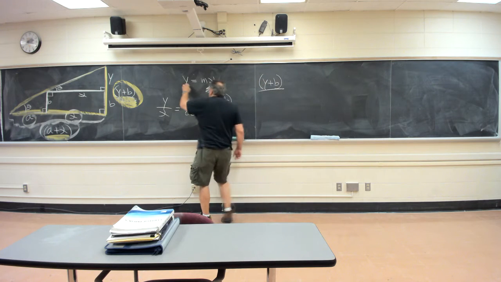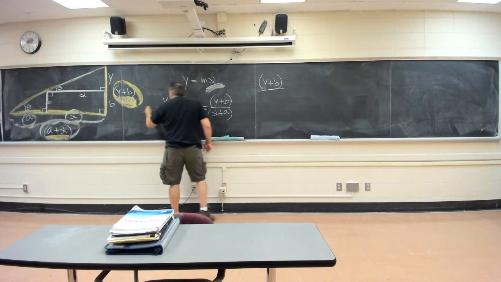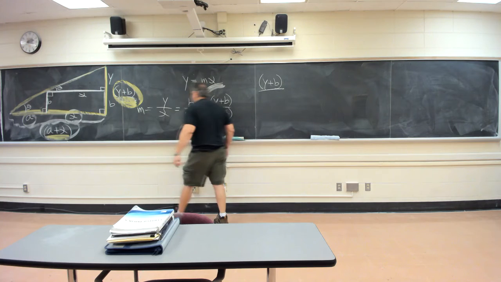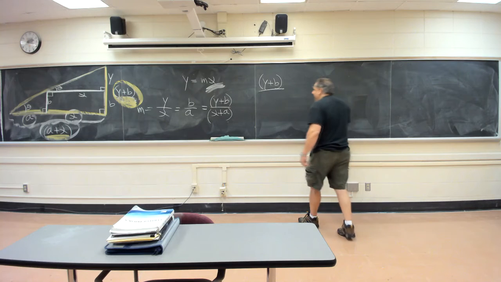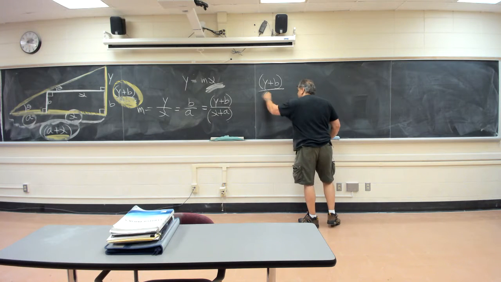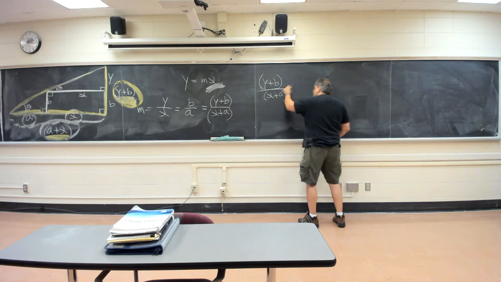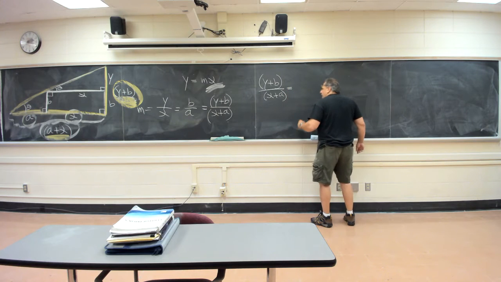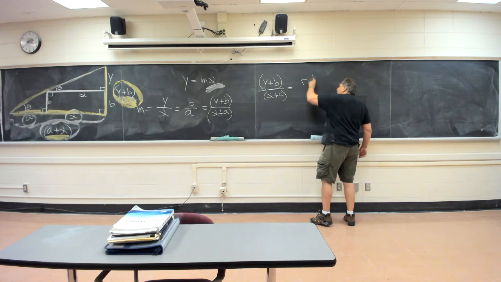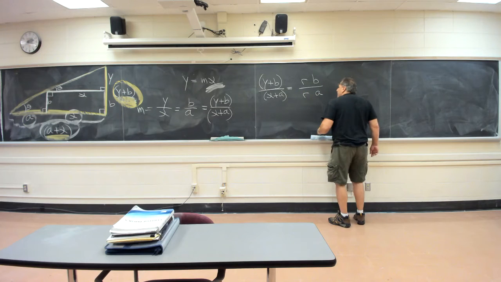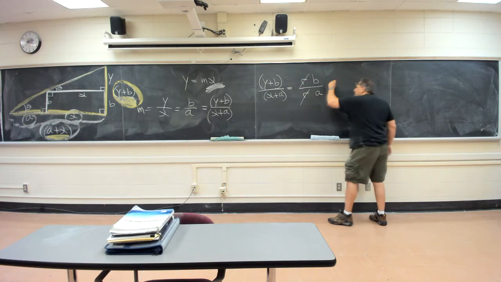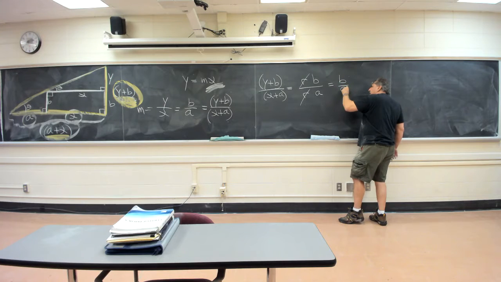In this case, divide by x on each side, and you're going to get some m. And I'm claiming all of them do. If that's going to be the case, that means this guy plus this guy has to equal some r times b over some r times a. And that will cancel. 1 over 1, that's b over a.